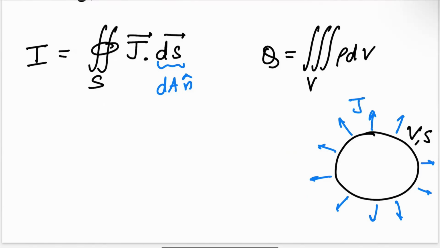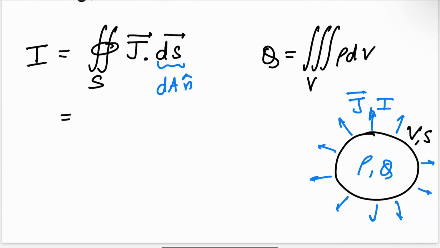So this is my J. And I have some rho inside, which is the total charge inside. The total current flowing out is I. So it's a summation of all these current densities, so we can write I as what I wrote up here. I already have it here.